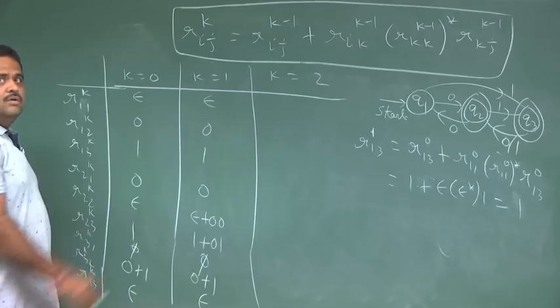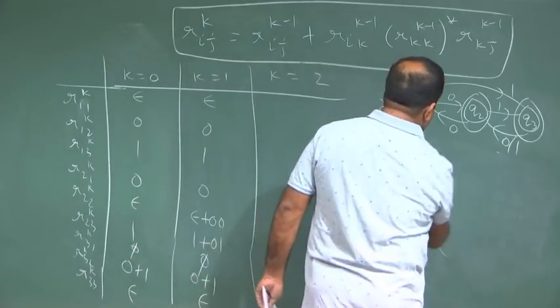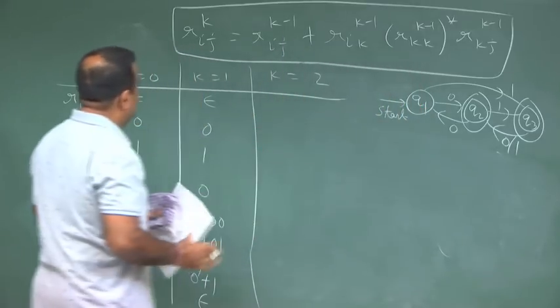Now we will do it for k is equal to 2. Once we do it for k is equal to 2, we need to use the recursion formula.